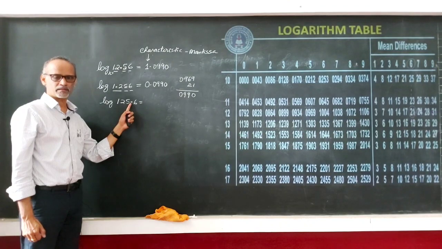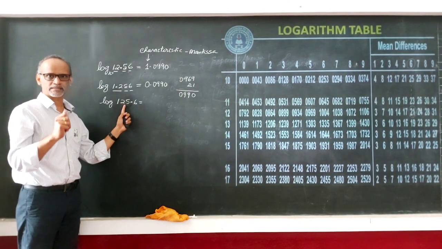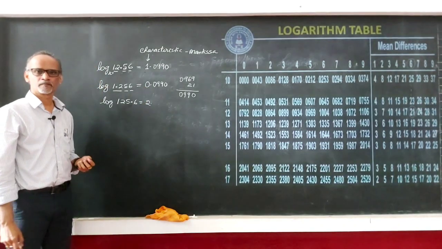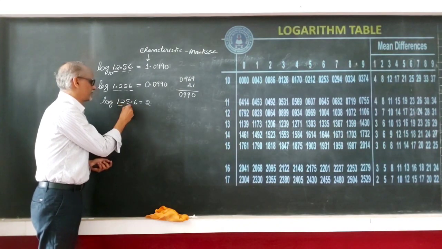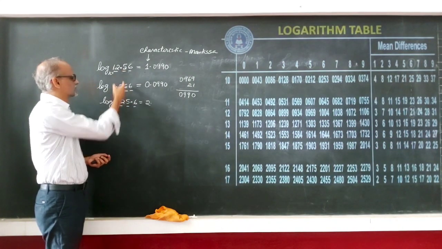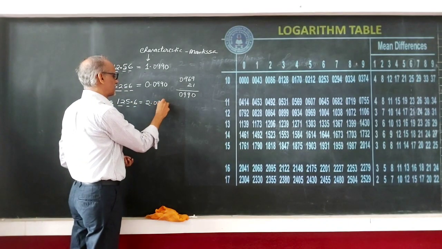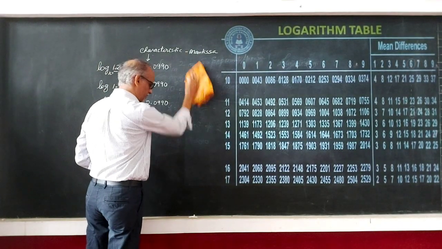How many digits are there before the decimal? 3. 1 less. How much? 2. So 2 is the characteristic. How about the mantissa? 12, 5, 6. Isn't it same as the previous? So the mantissa has to be the same, 0990. So this is how we can find the log of a number.